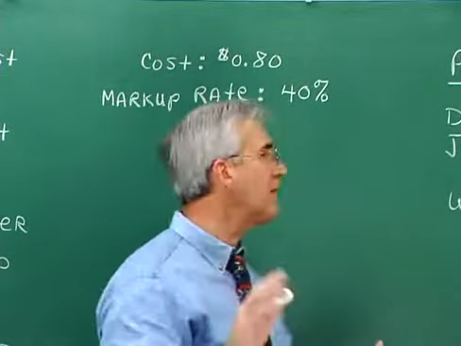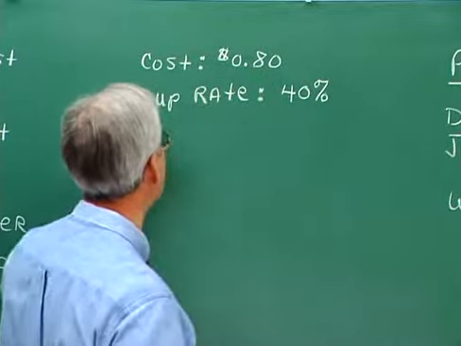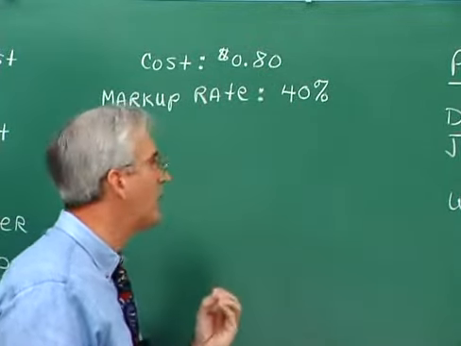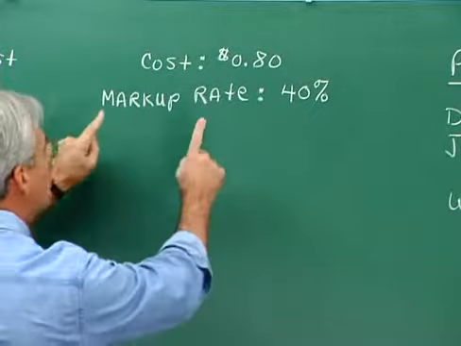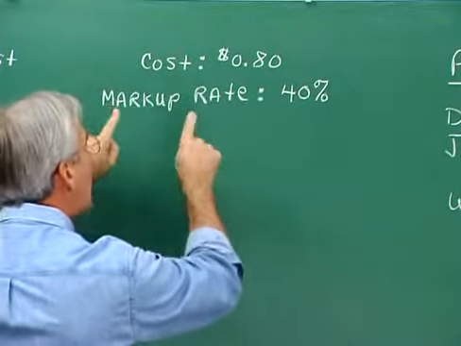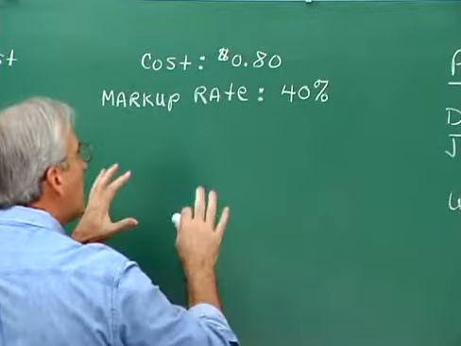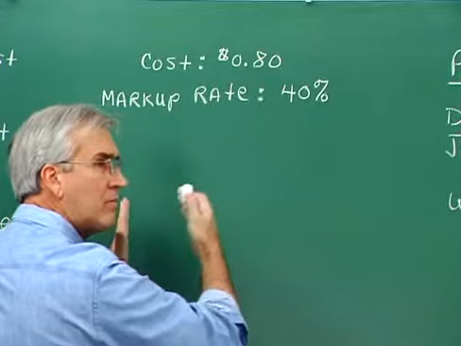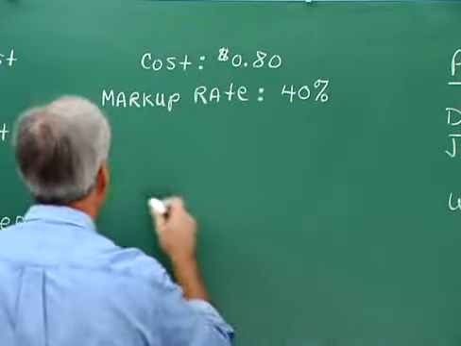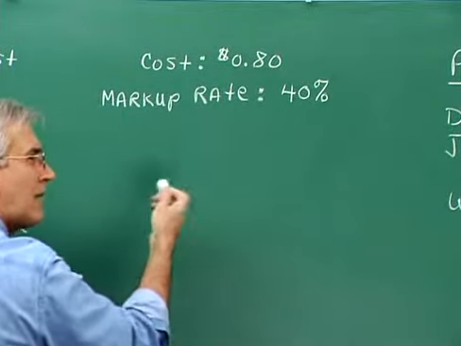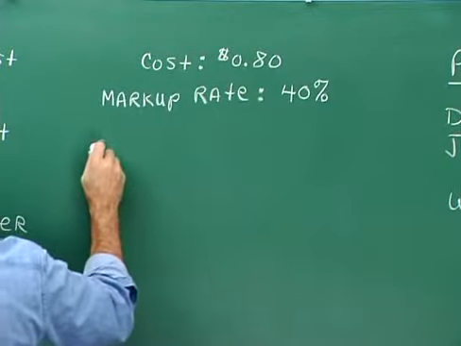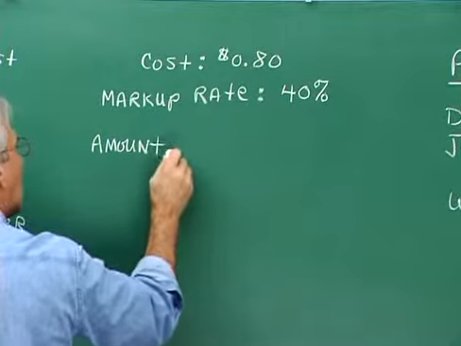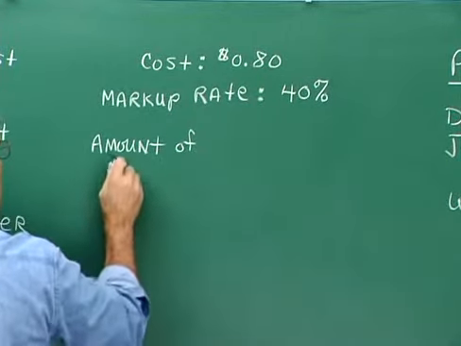So when you see the idea of cost, you see a markup rate. The general idea that you want to jump out at you is the notion of the amount of the markup. That is, the markup is found by taking some percent of the cost, some percent of the amount that we paid for this item. So you might jot something down like this. The amount of markup.